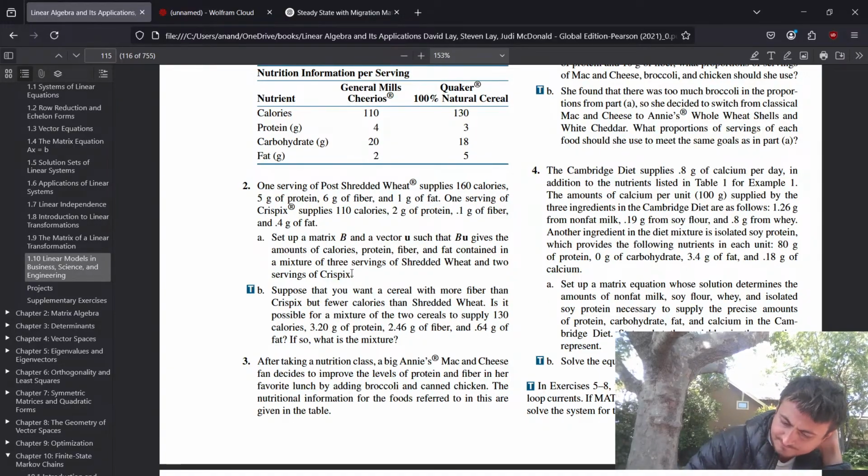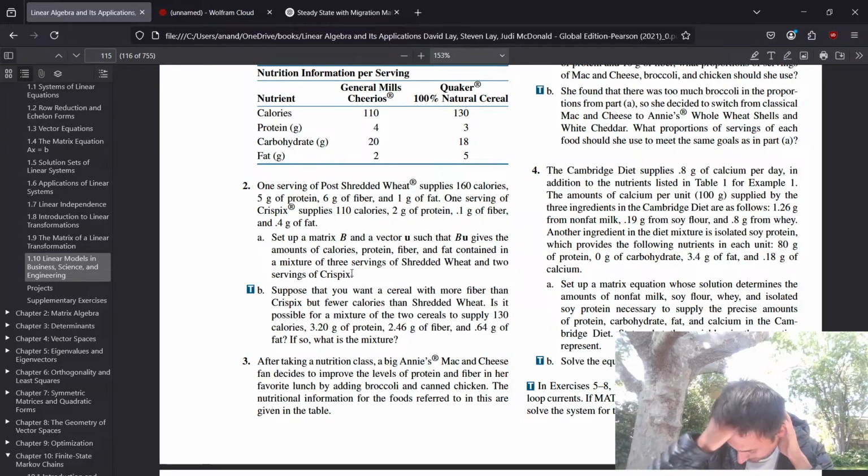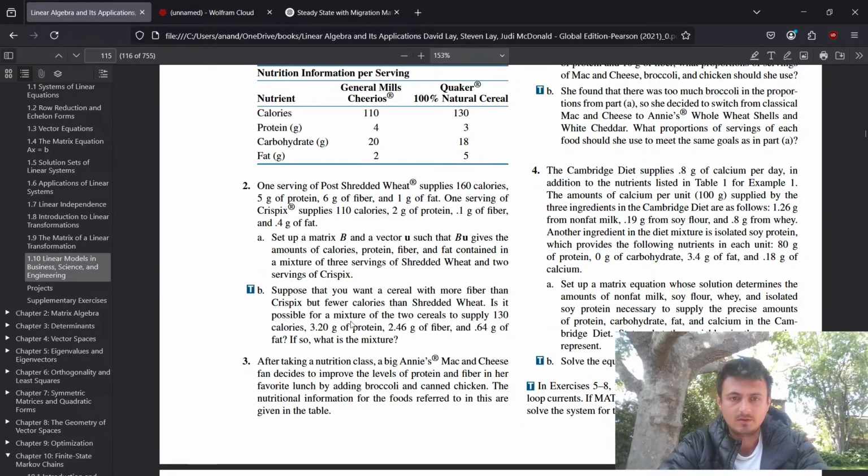Okay, so then we want to find, and then b is equal to, let's just write this down so we can do this really quickly. 130, 3.2, 2.4, 6.64.